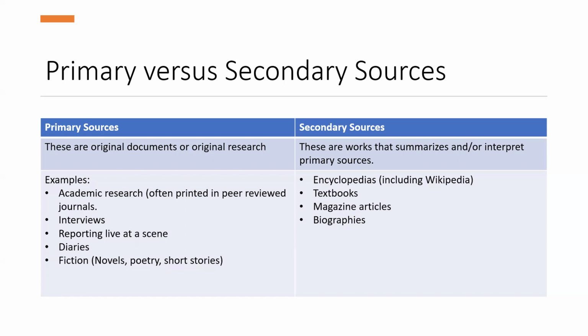Interviews, reporting live, as seen, all these are considered primary sources. Secondary sources are interpretations and summaries of primary sources. So that includes encyclopedias, textbooks, magazines. And when we try to get information from secondary sources, again, we have to pay attention to who's writing it. Even if you hear it from the news, it might not be without bias.